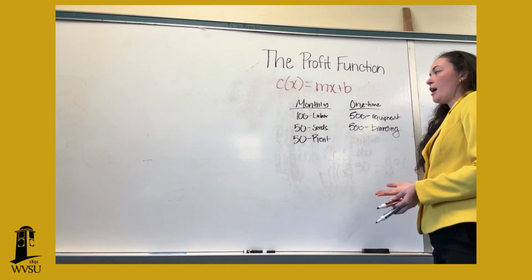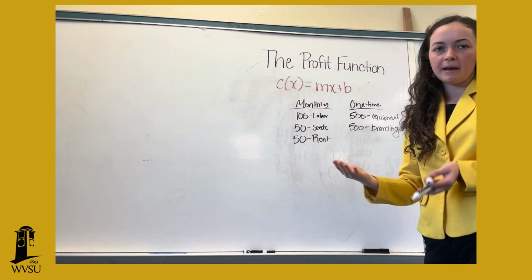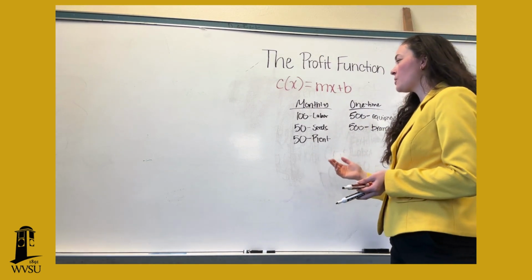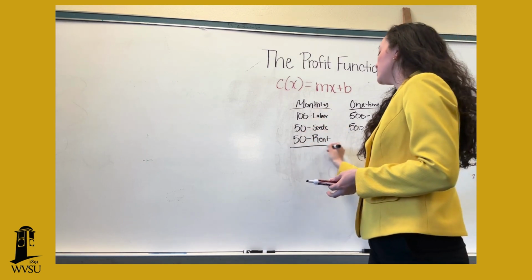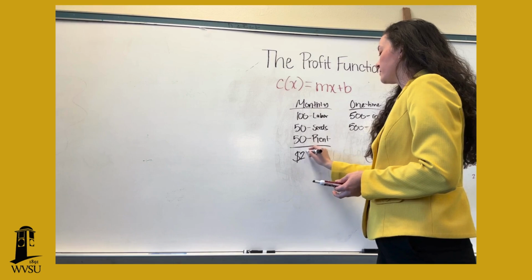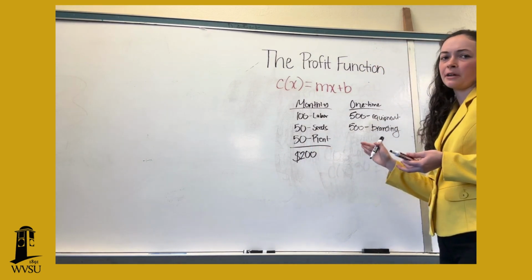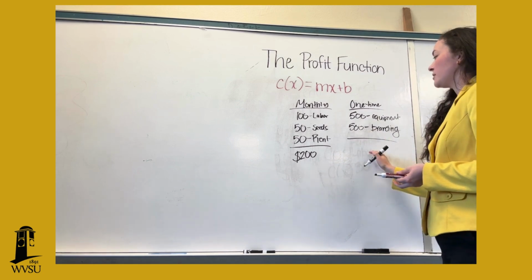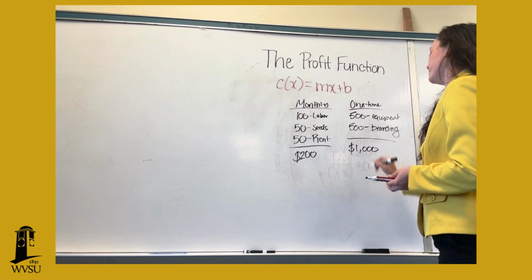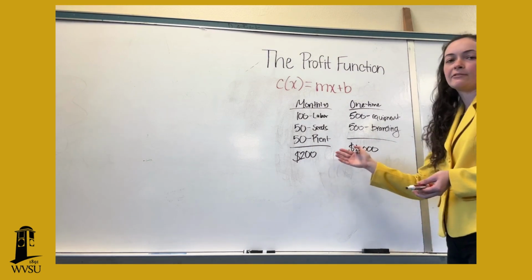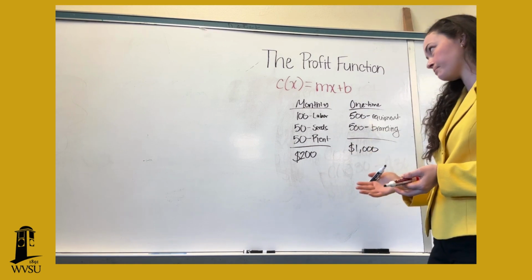Now that we have these values, we can add up our monthly values to see the amount of money that we're paying every month. In total, we're paying 100 plus 50 plus 50, which puts us at $200. These one-time fees are not recurring. We're only paying these once, and those add up to $1,000. Now we can use this information to develop our cost function in slope-intercept form.